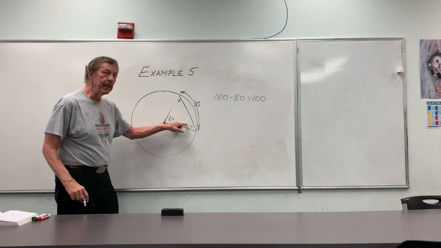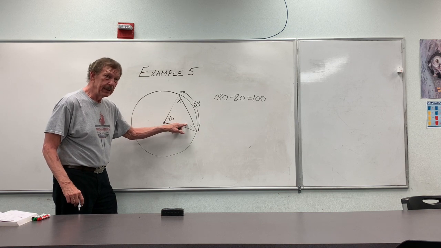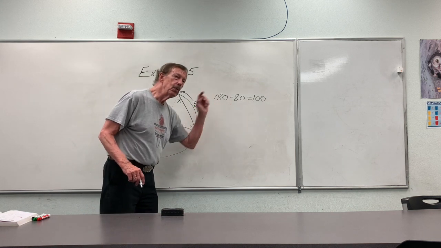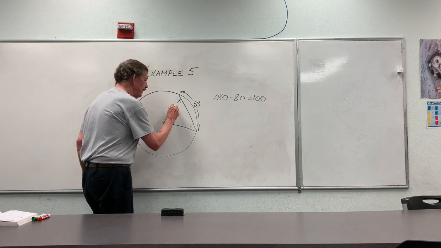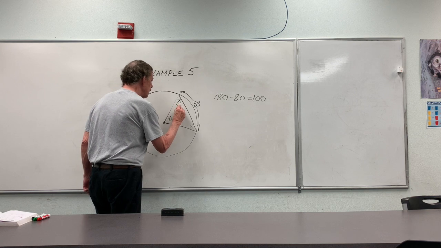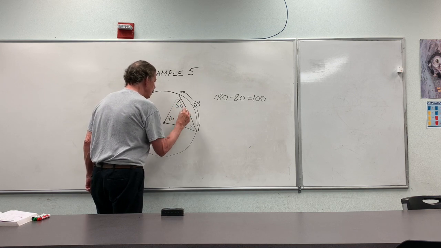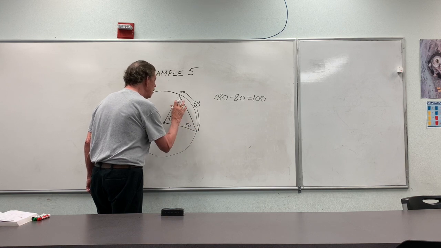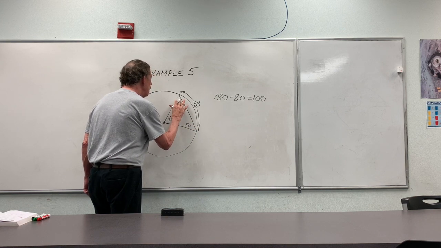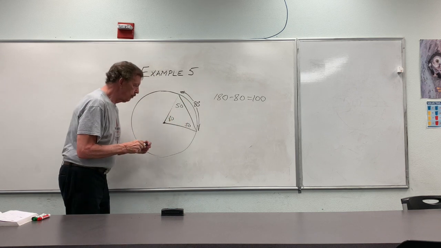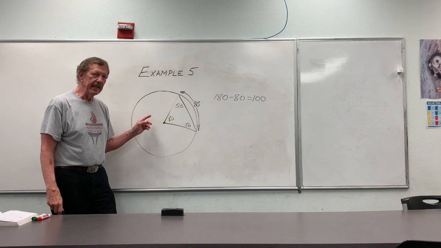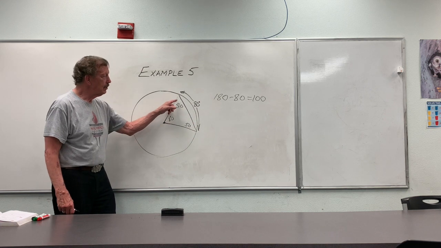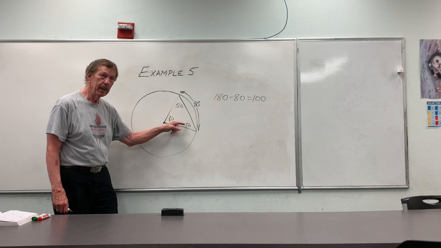These two angles here are equal, and each one is going to be 50. That's using what we know about arcs and angles to solve for an angle inside a triangle.